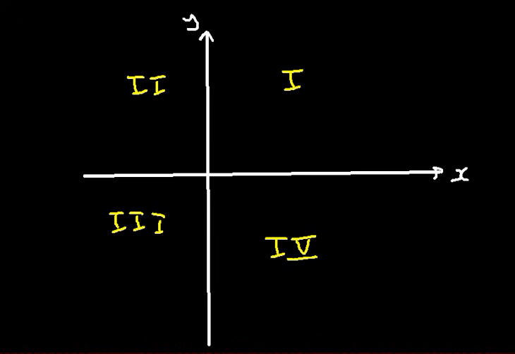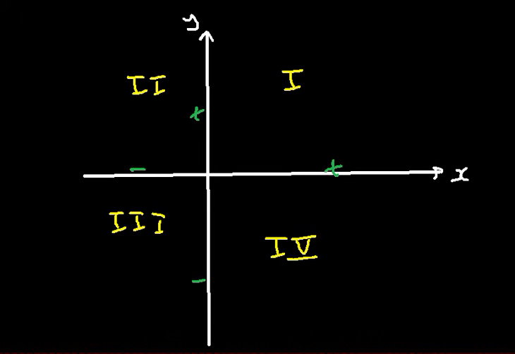Now, from the origin to the right along the x-axis, x values are positive. And likewise, from the origin to the left along x, values are negative. From the origin up along y, we have the positive values, and here we have the negative values.